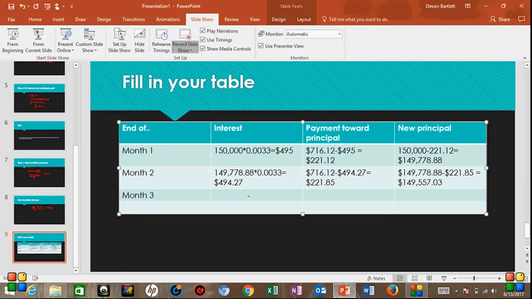So now we would take our $149,557.03 times that by the 0.0033, which is equal to $493.54.